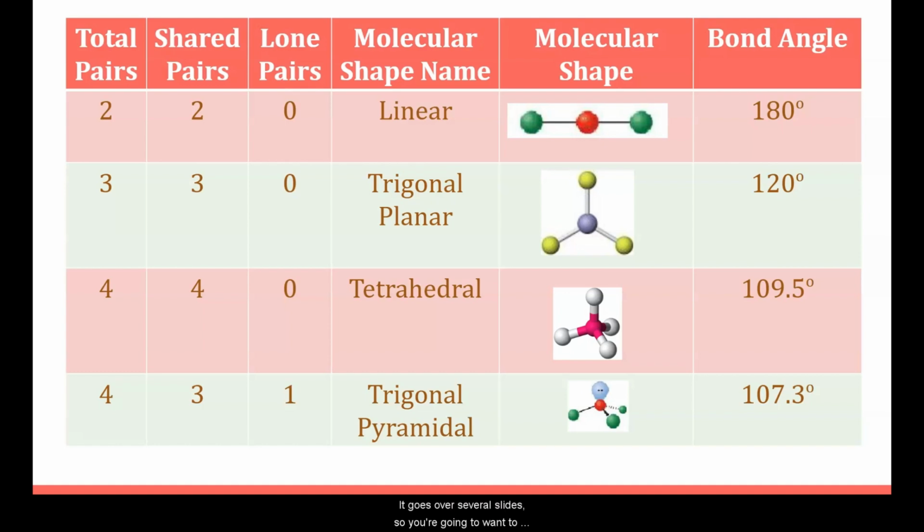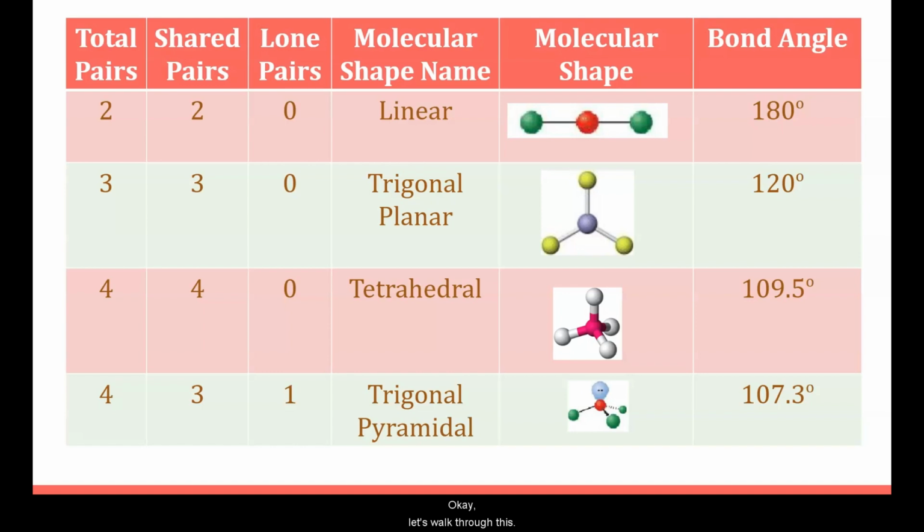It goes over several slides, so you're going to want plenty of room on your page. In your first column, you're going to write total pairs, then shared pairs in your second column, lone pairs in your third column, the molecular shape name in your fourth column, your molecular shape in your fifth column, and then write bond angle in your sixth column.